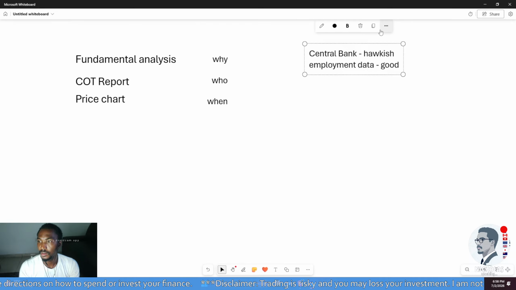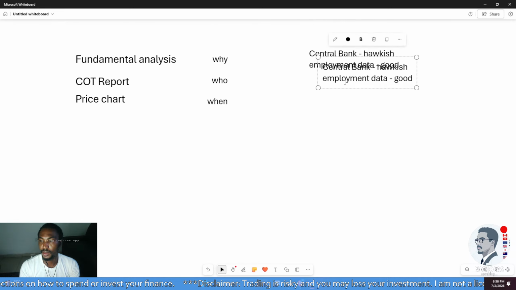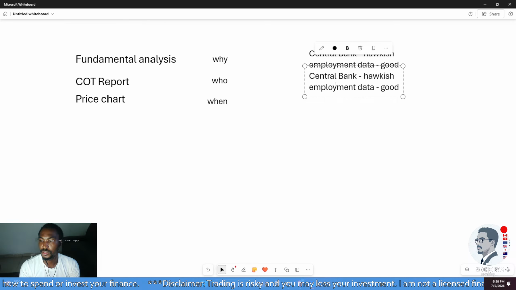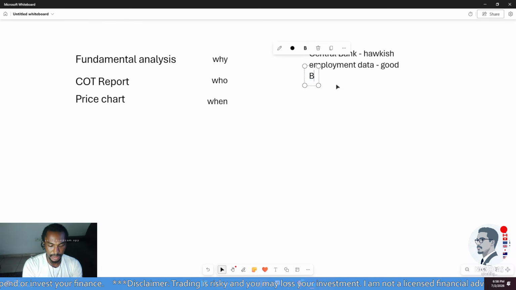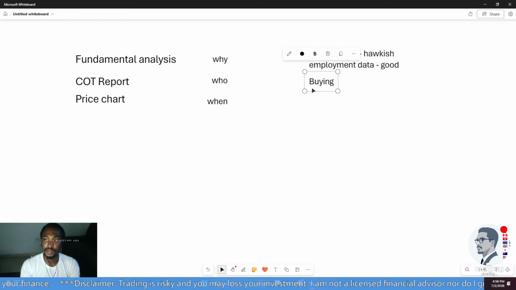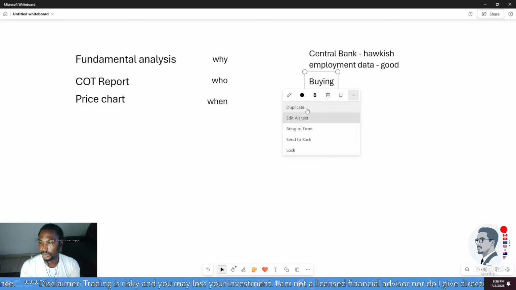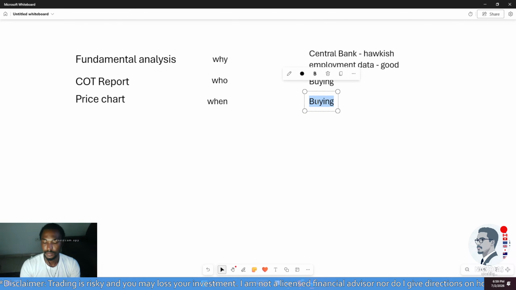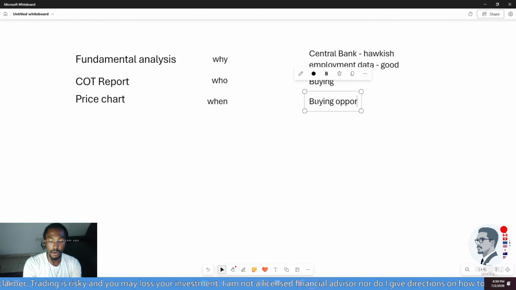It's a good place to buy. However, I looked into the COT reports and saw that the big traders are buying. So they also saw that this economy was good and they are buying. The only thing you should be doing in a price chart at this point is looking for buying opportunities.